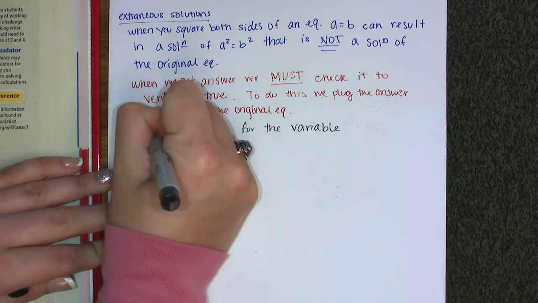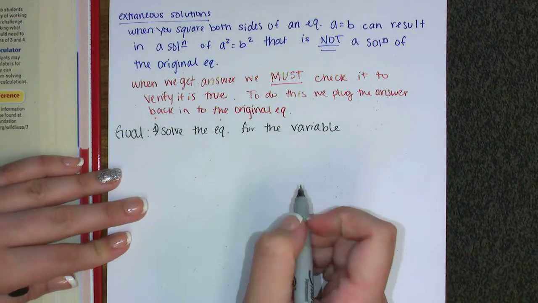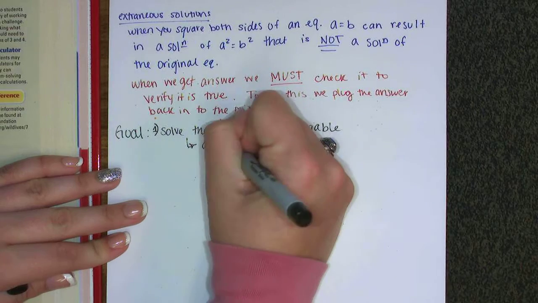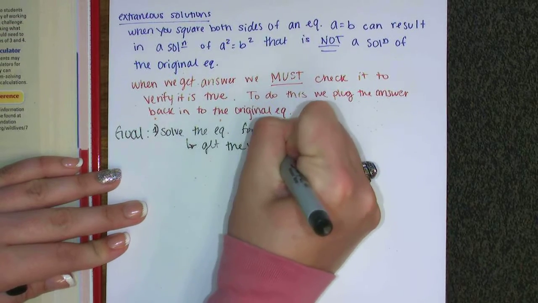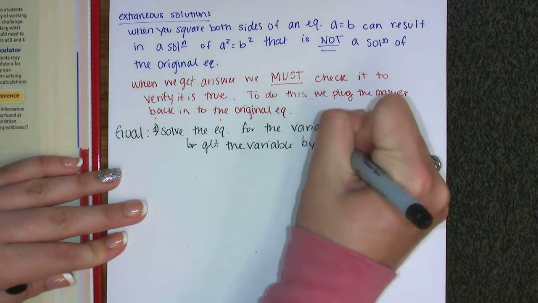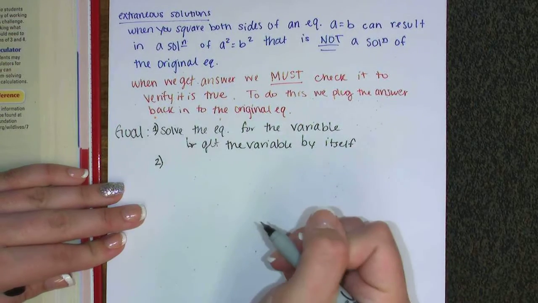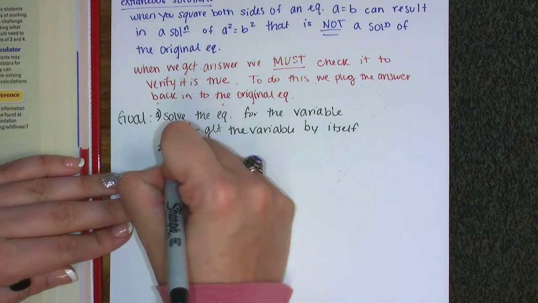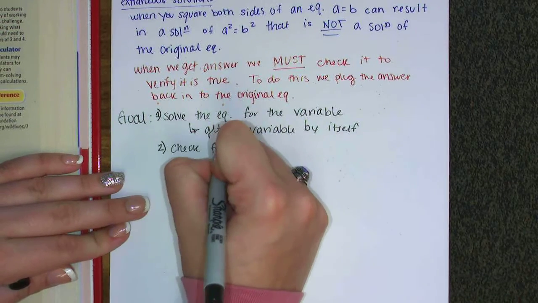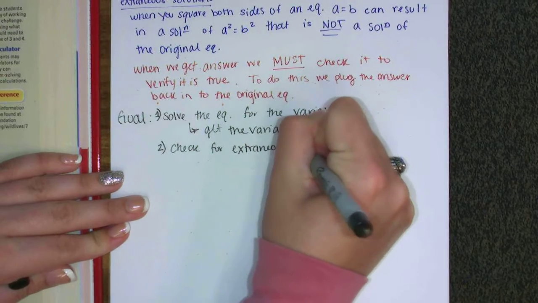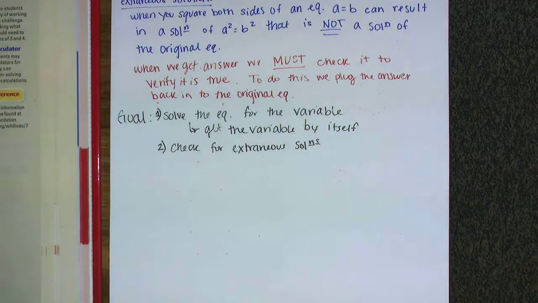So that's the first thing we need to do. To do that, we have to get the variable by itself. And then 2, we need to check for extraneous solutions.